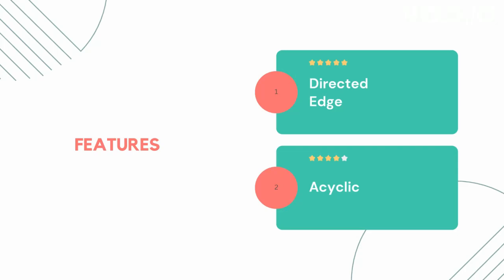Then the other feature is acyclic. The term acyclic indicates that there are no cycles or closed loops within the graph. In other words, you cannot traverse a sequence of directed edges and return to the same node.